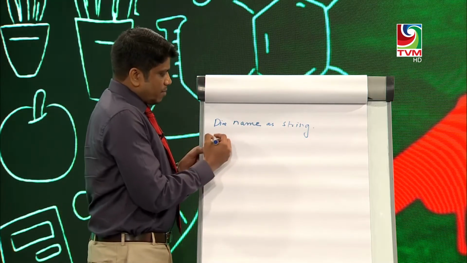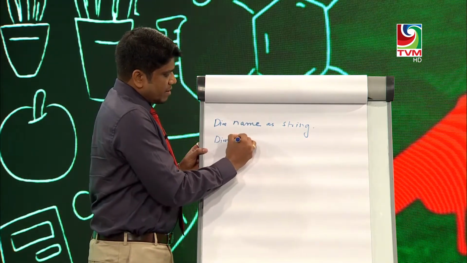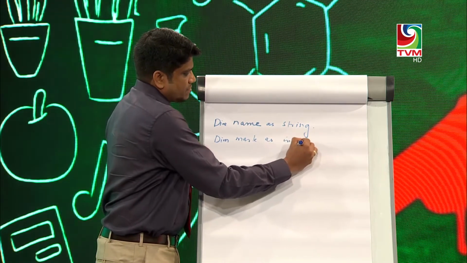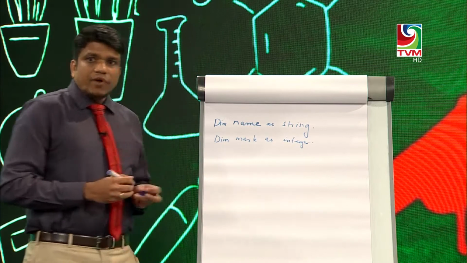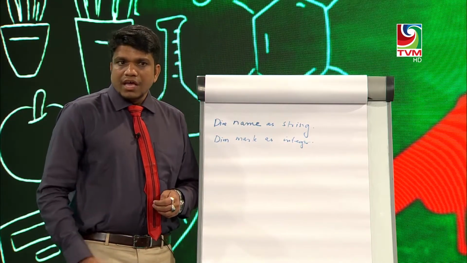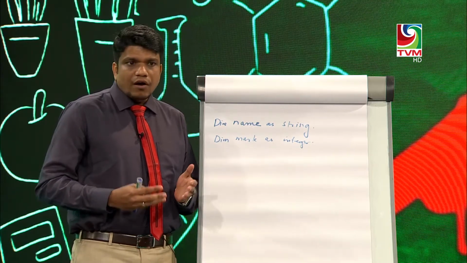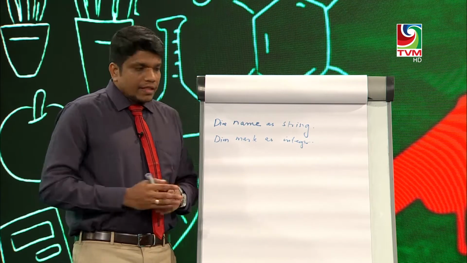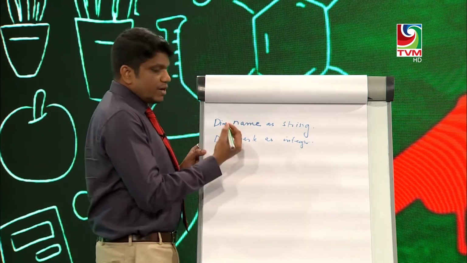And next I am taking another variable, Dim mark As Integer. Why I am saying name and mark are variables is because name and marks always change. Then another one is constant. How will you declare a constant?